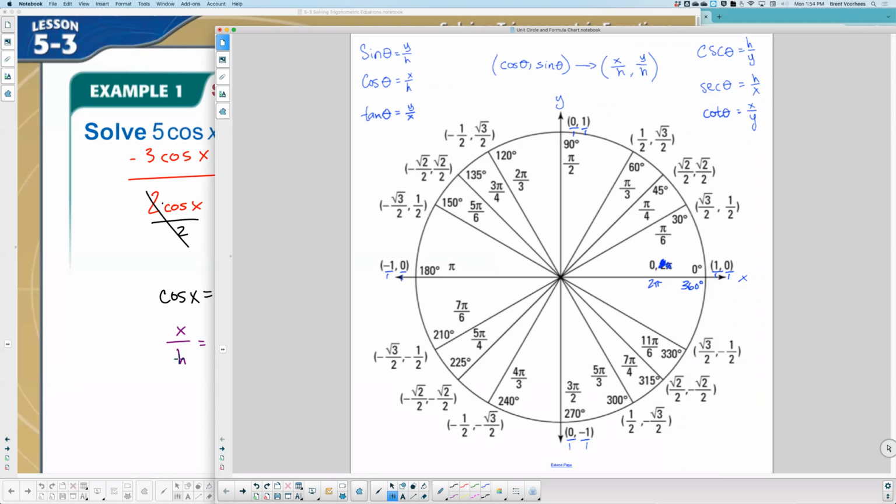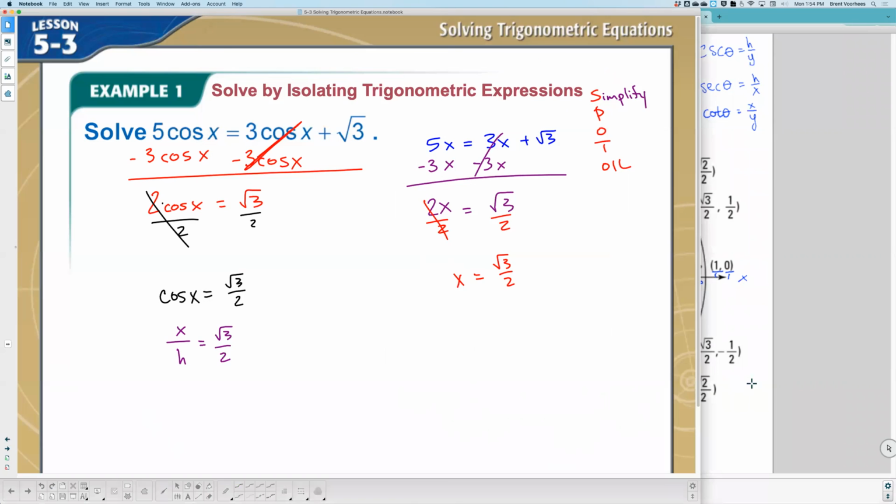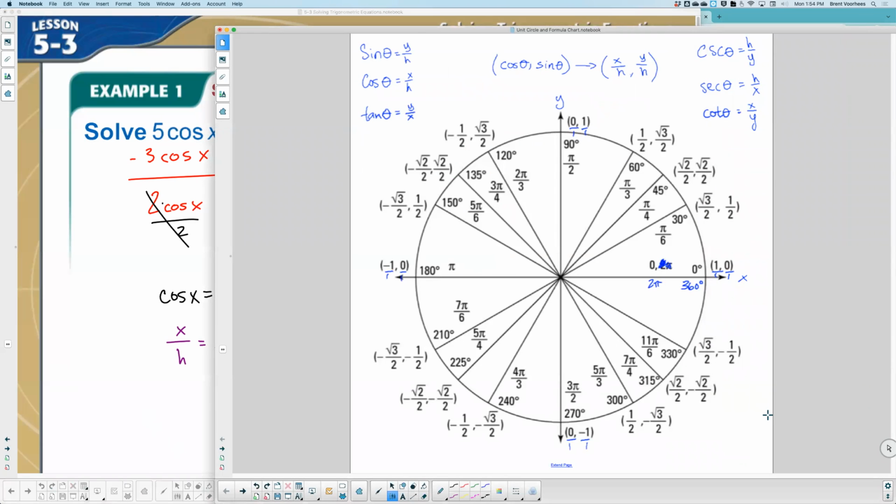We're going to look for the x divided by h, which is the x value before the comma, being the square root of 3 over 2. So let's see. We're looking only in the x column. Where do you see that? Is it there? No. Is it there? No. There? Here? Yes. We're going to use answers in radians, except for real world problems today. So I'm going to go radians all day.